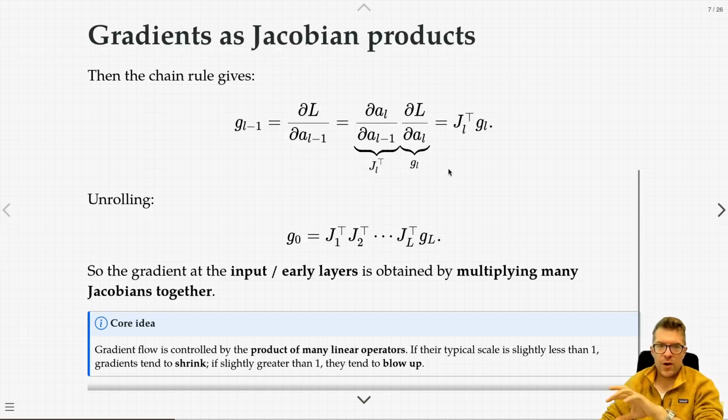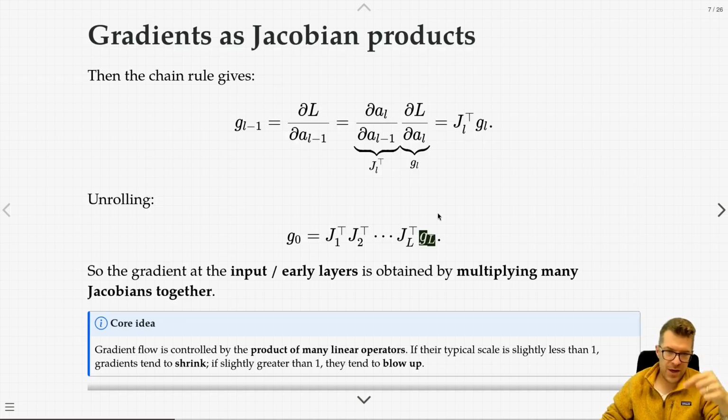If we unroll this function using the chain rule, with an arbitrary layer L minus 1 I care about, I can start from the last layer g sub L, take its derivative with regards to the previous layer, and apply the chain rule backwards all the way to the original input at layer 0.